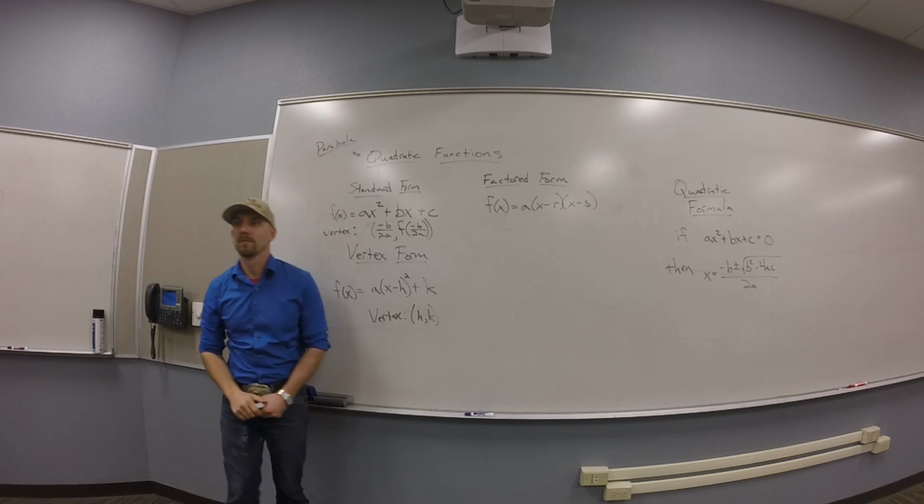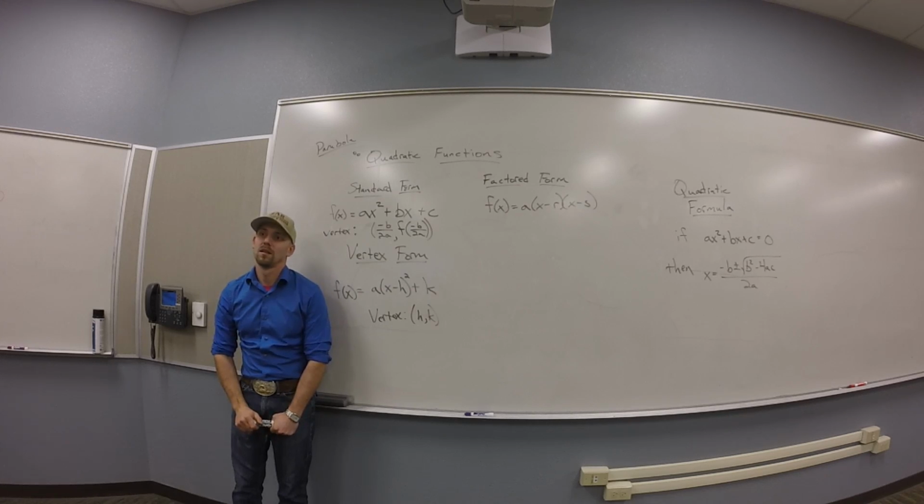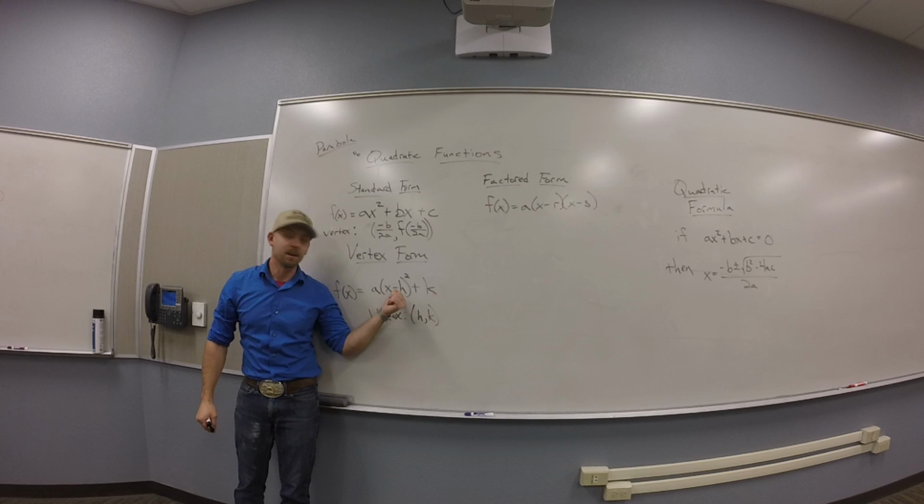From Algebra 2, I remember something funky about the vertex form and using h. Do you take it literally as negative, or do you change it to positive when the minus is still in there? Yeah, it's got to be a negative in here.